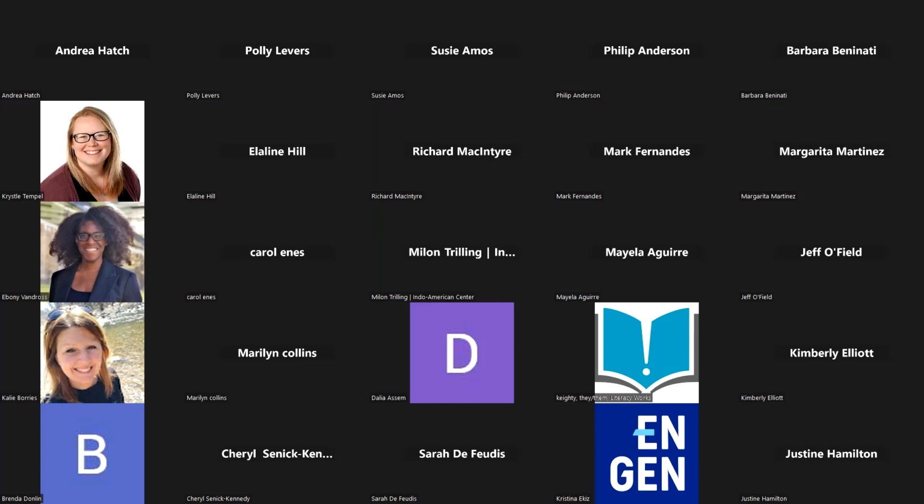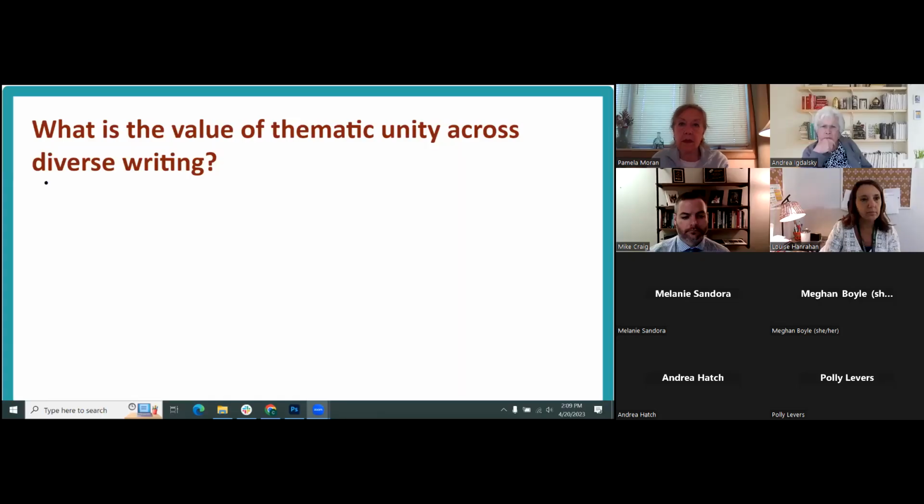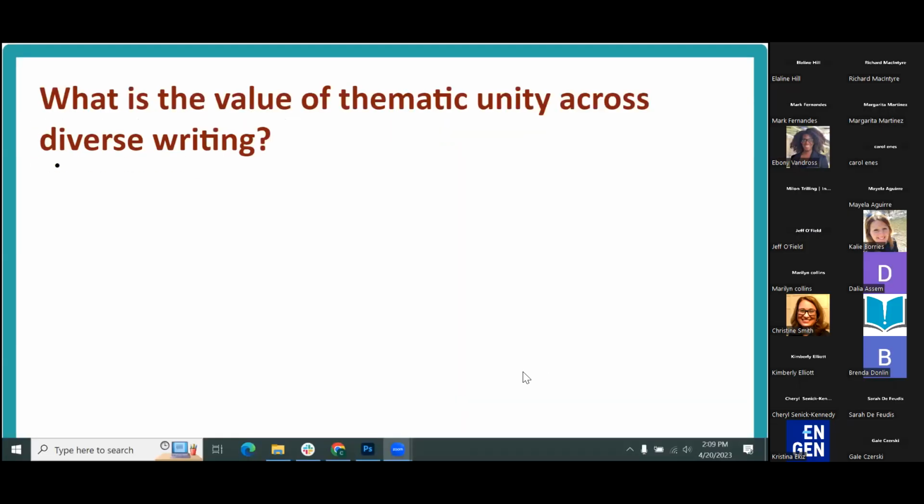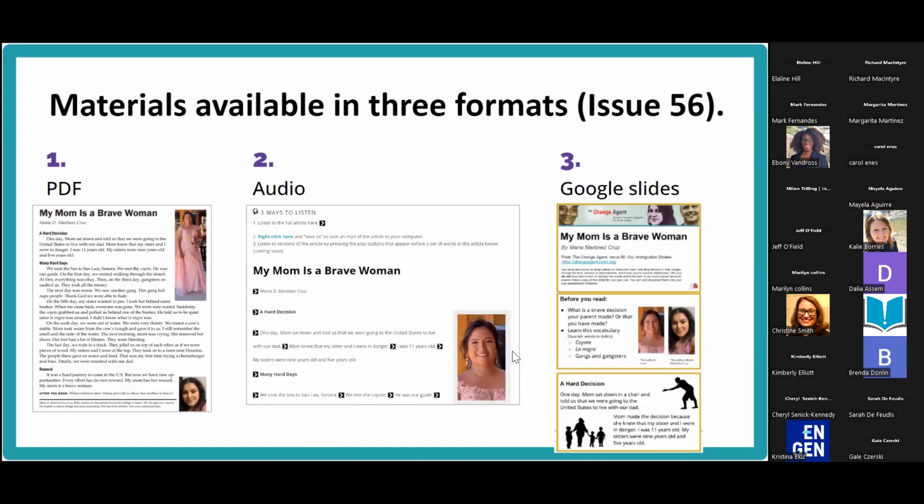So now with that under our belts, thinking about how the Change Agent provides that, we're going to go ahead and dive into some of the materials. So I wanted to mention that in addition to those range of issues, we also have a range of formats. So I have here on the screen 3 formats. This article happens to come from issue 56, and you can see that we have it as a PDF, so easy to print out.